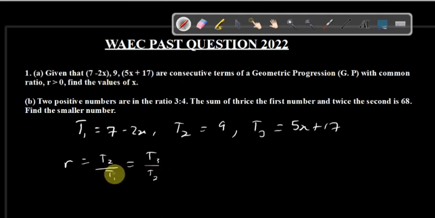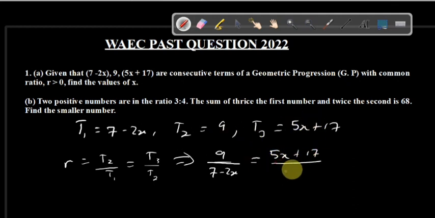So we can use any of these. By putting all of this into this equation, we're going to obtain this. T2 is 9, 9 divided by T1, 7 minus 2x, is equal to T3, 5x plus 17, divided by 9.